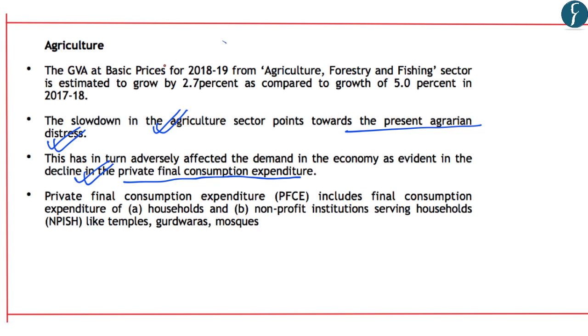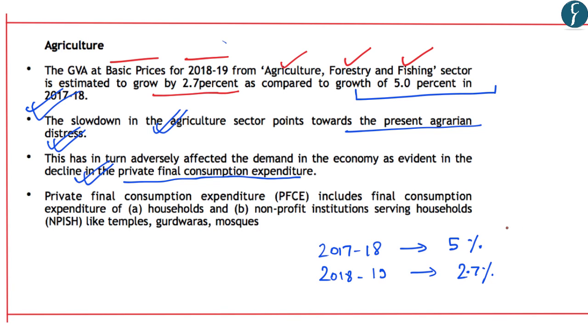Another important aspect highlighted in the editorial is that GVA at basic prices for 2018-19 from the agriculture, forestry and fishing sector is estimated to grow by a mere 2.7% as compared to the earlier growth of 5% in 2017-18. So this data highlights the slowdown in the agricultural sector and also represents a growing agrarian distress.